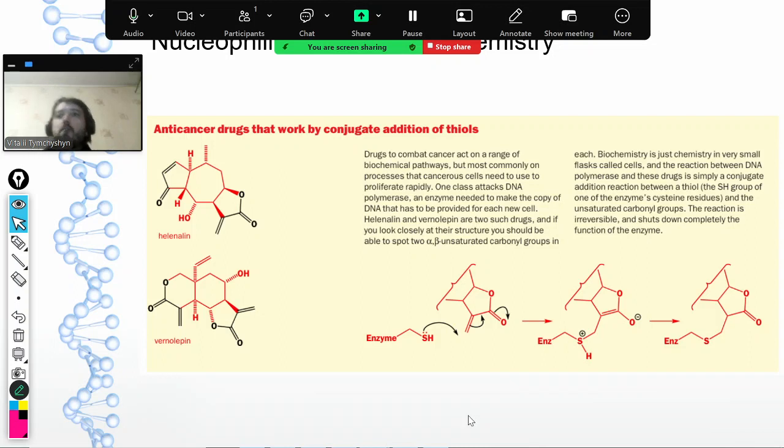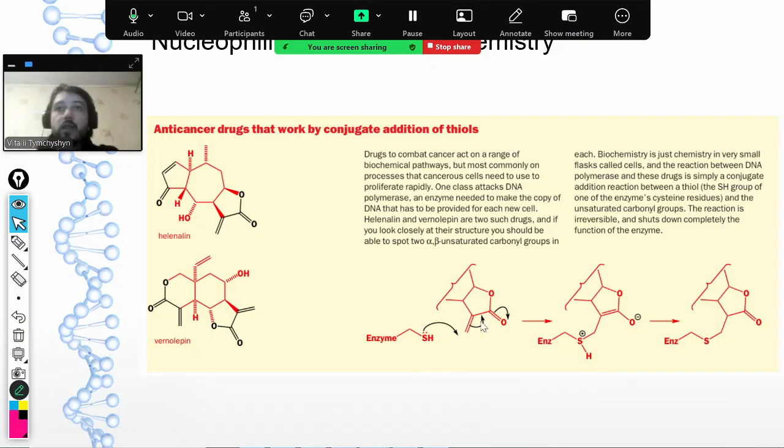Biochemically, the process is a conjugate addition reaction between a thiol, the SH group of one of the enzyme's cysteine residues, and the unsaturated carbonyl groups. The reaction is irreversible, so it shuts down completely the function of the enzyme.